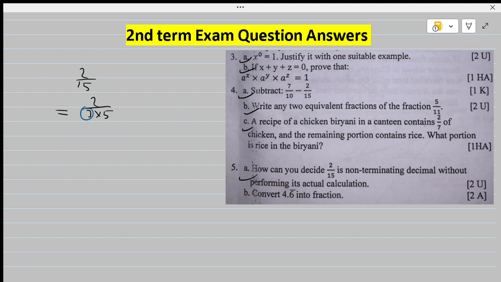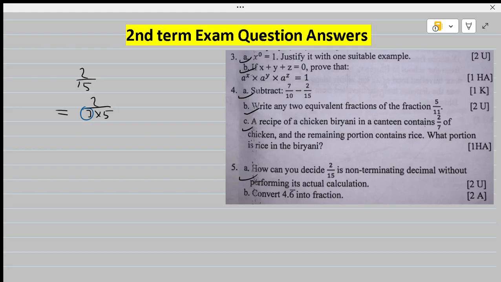But if the denominator consists of other factors than 2 and 5, then such a fraction will be a non-terminating decimal, and this is happening here.